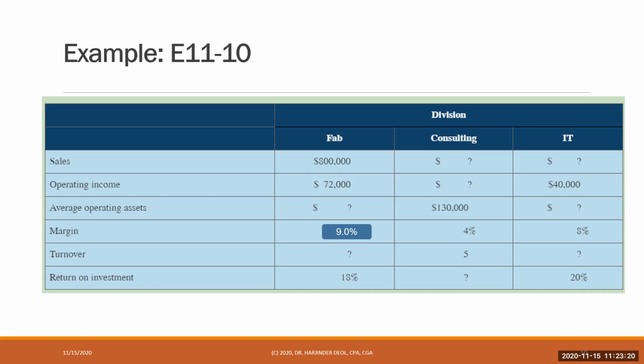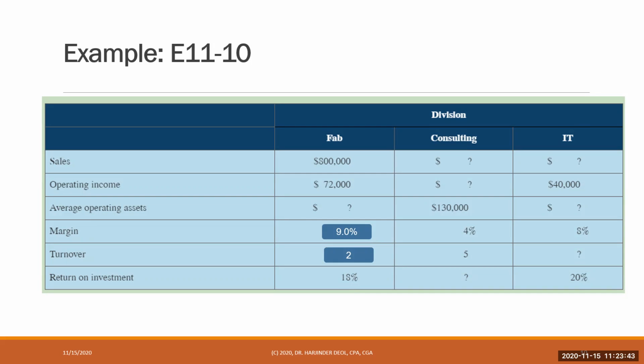We also know that margin times turnover equals return on investment. So margin 9% times turnover, something, equals 18%. Well, if you ask yourself the question, 9 times what equals 18, you'll get the answer to be 2. So the turnover is 2.